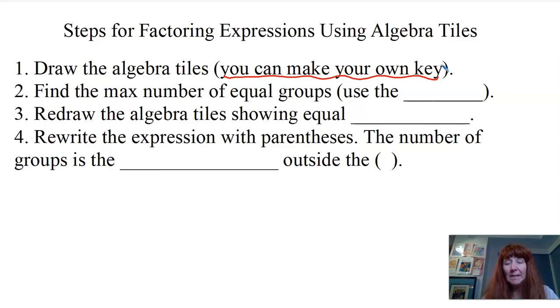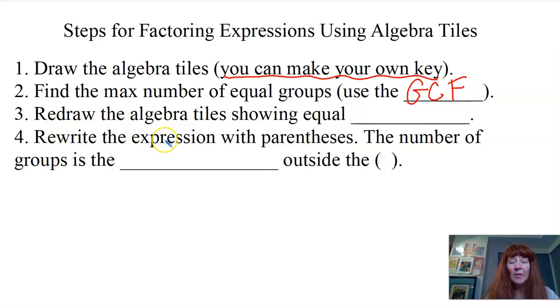Then you're going to find the maximum number of equal groups, and I'm telling you that you can use the greatest common factor. So you look at the 2 numbers that you're seeing, only 2 numbers where there's a coefficient and a constant, so there's x's and then there's 1's, and you need to make them into equal groups using the greatest common factor.